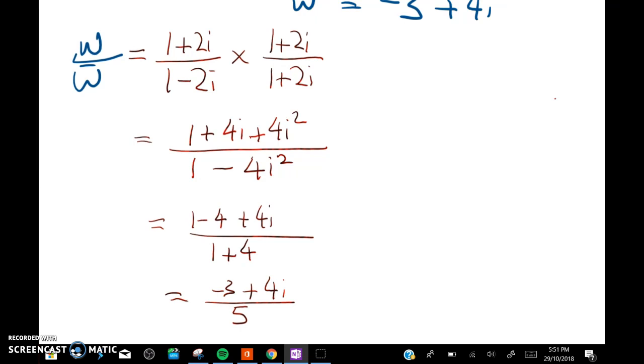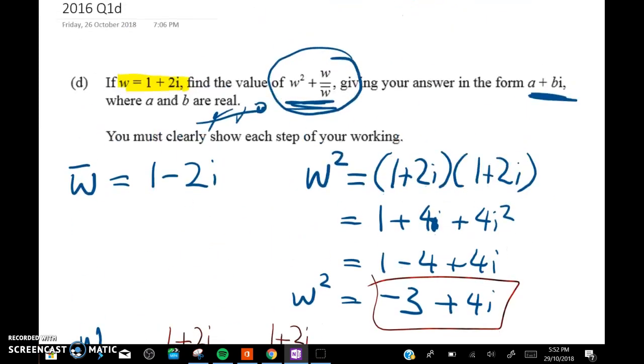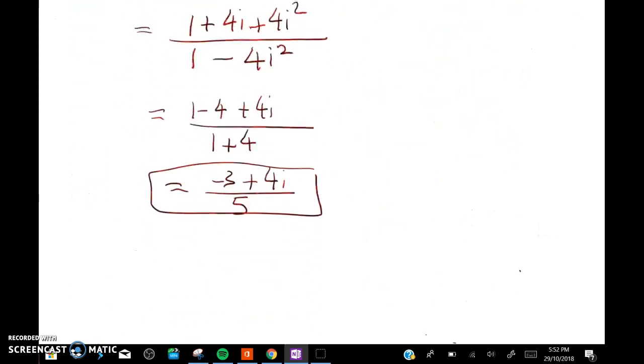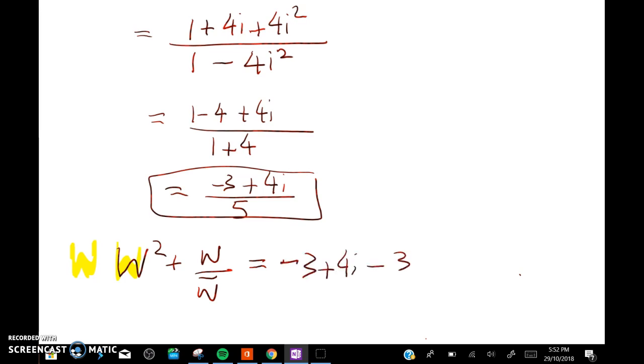Okay, so now we've got the two bits. We've got w over w conjugate, this bit here, and we've got w squared here. Looking back to the question, we need to figure out w squared plus that. So we just add the two bits together now. w squared plus w over w conjugate is equal to negative 3 plus 4i minus 3/5 plus 4/5 i.